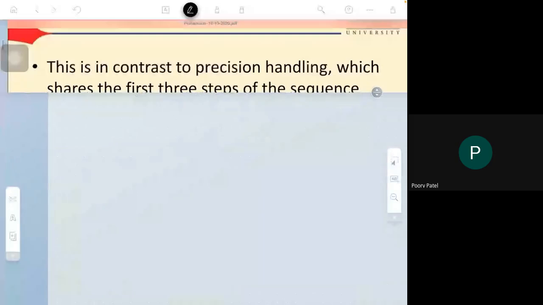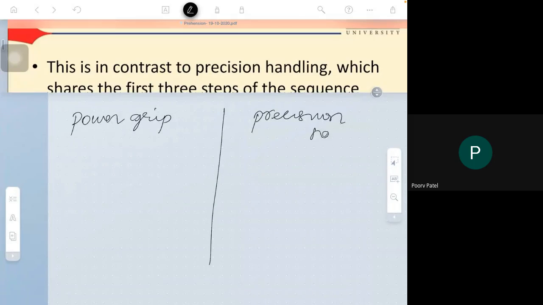Okay, power grip, precision handling. What is the first difference we saw? It has 1, 2, 3, 4 sequences. This is the dynamic phase and this is the static phase.